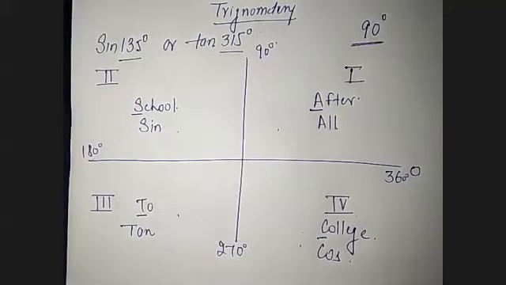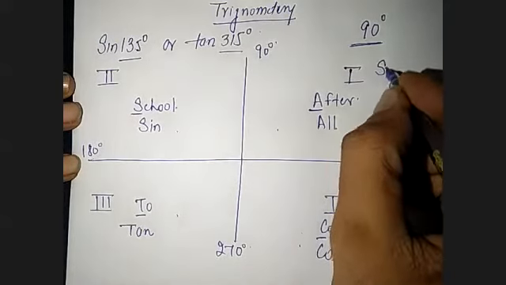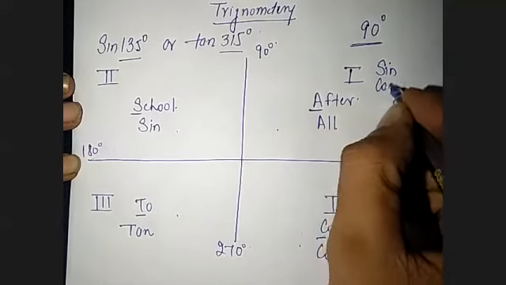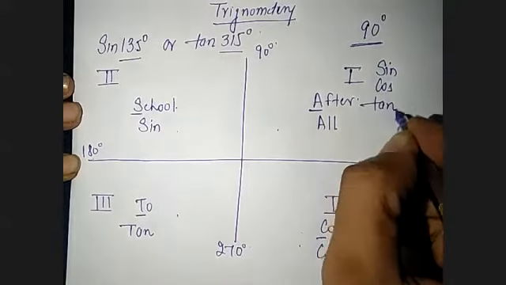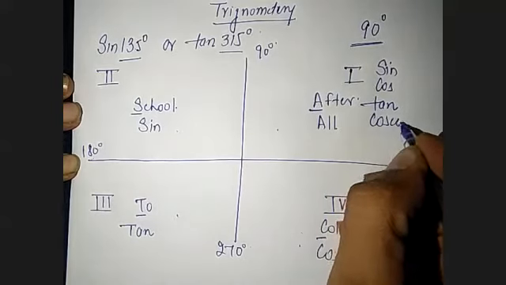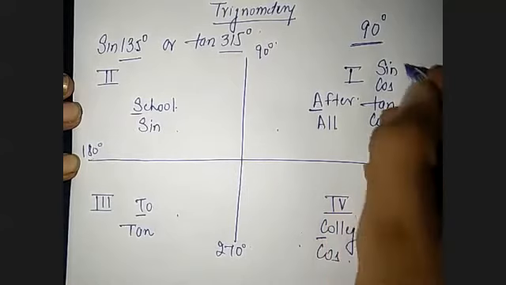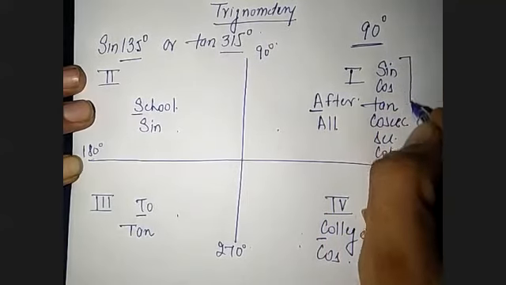Now all means we have 6 trigonometric ratios which we have discussed. It means all, sine, cos, tan, cosecant, secant, and cot, they all are positive.